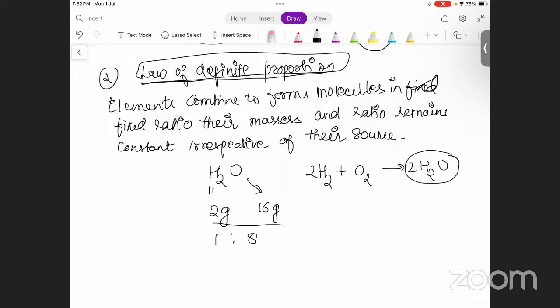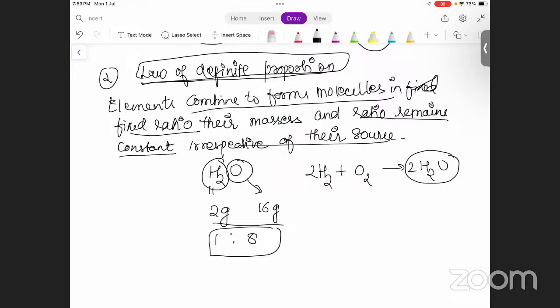Whether I look at the water which I get from the sea, or the water which I prepare in the lab, both of them will have the same elements, oxygen and hydrogen, and the ratio of their masses will be the same. So that's what it is saying: elements combine to form molecules in a fixed ratio of their masses, and the ratio remains constant irrespective of the source.